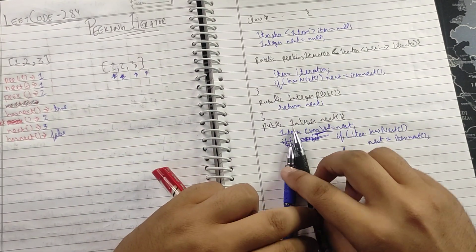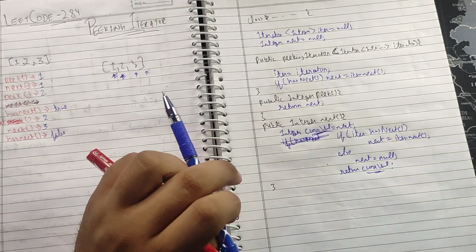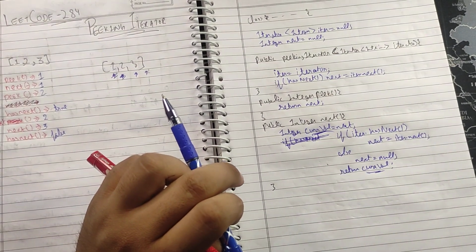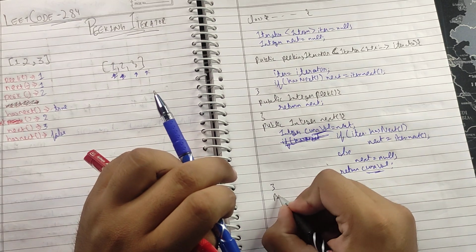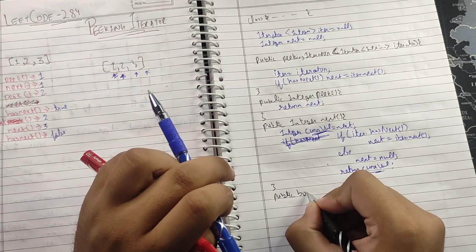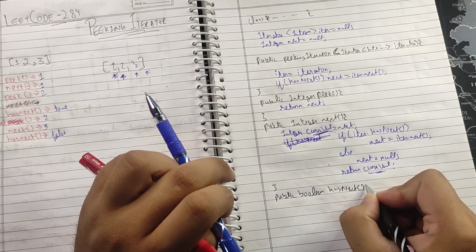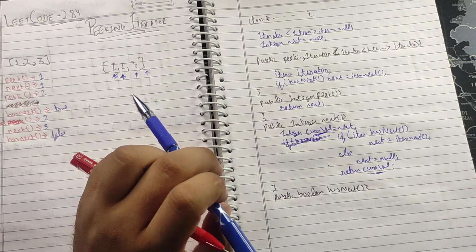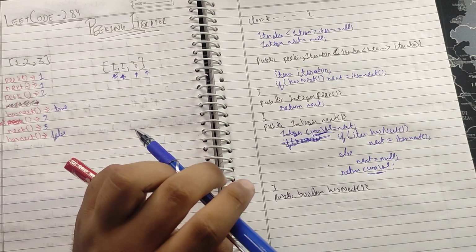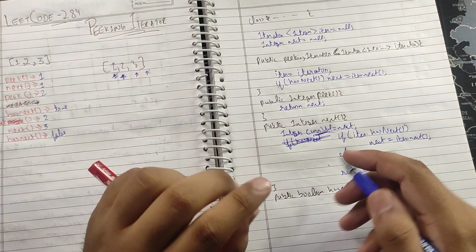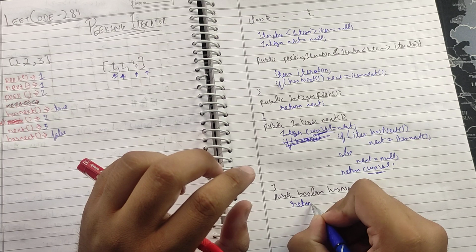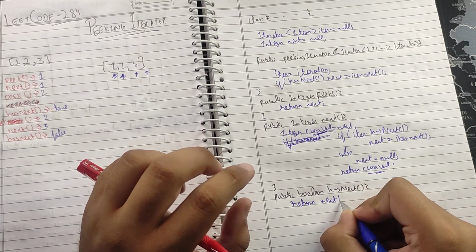And finally, the last thing we are given is public boolean has next. Its job is to check whether we have the next value present or we have null. So we simply say, if my next is not equal to null.